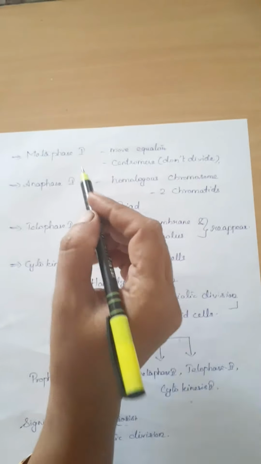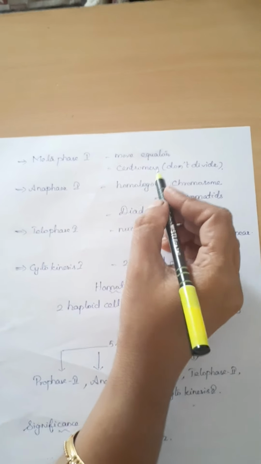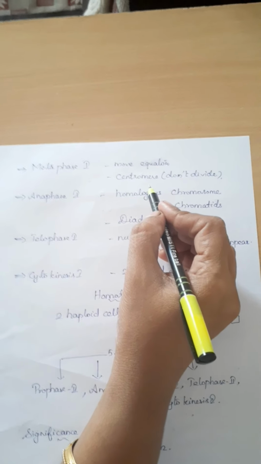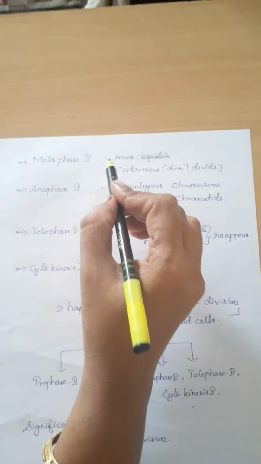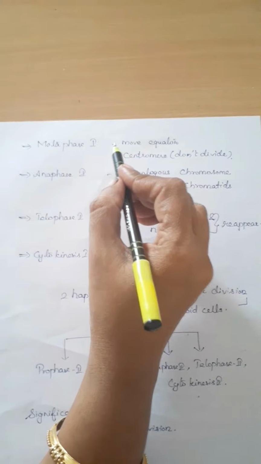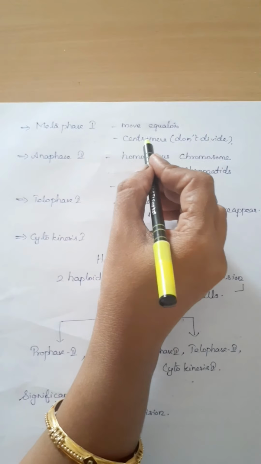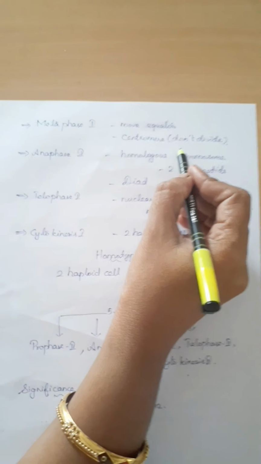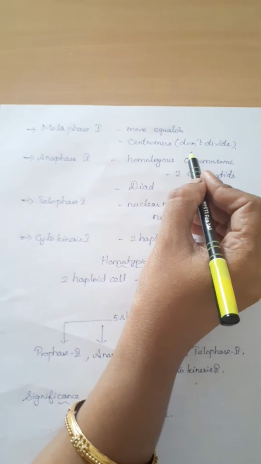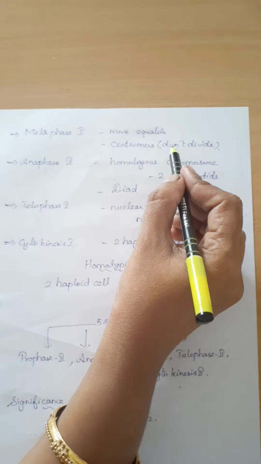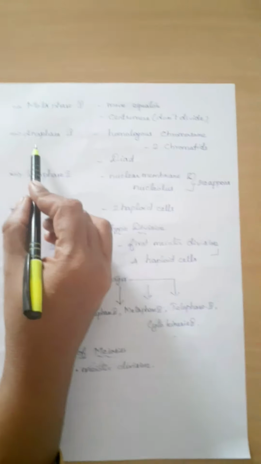In metaphase, the chromosomes move towards the equator, so the chromosomes are located on the equator. The centromere does not divide, because the two chromosomes remain together. Next one is anaphase 1.